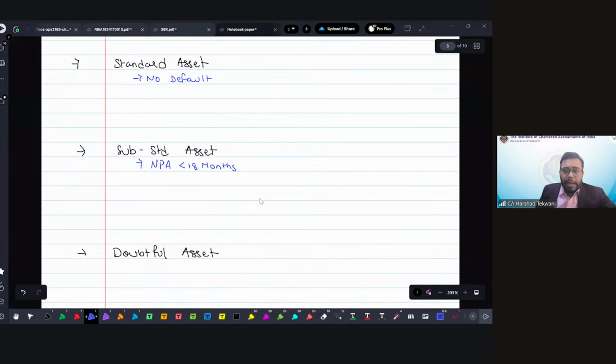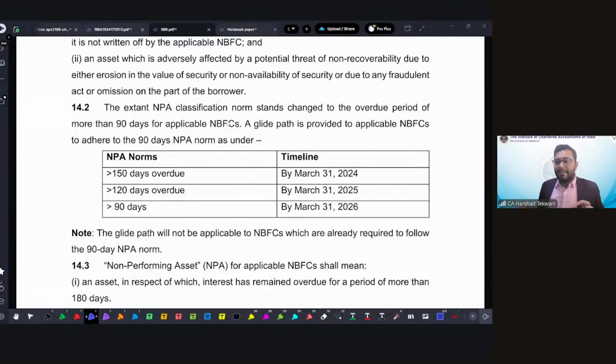Another question is when it becomes an NPA, when I am required to determine if it's an NPA or not. So there are NPA norms which specify when I can classify a particular asset as an NPA. There is a small point to remember with respect to NPA classification: it changes by year.